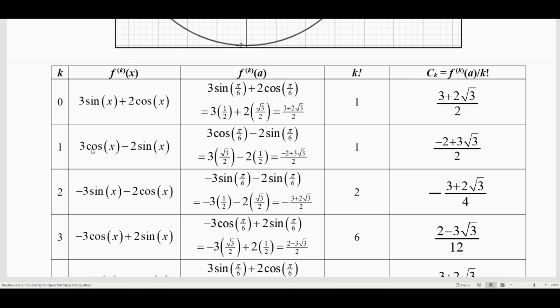Another derivative: derivative of cosine of x is minus sine of x, derivative of sine x is cosine x. The derivative is negative 3 sine x minus 2 cosine of x. Plug in pi over 6.